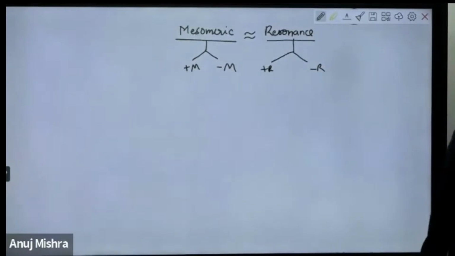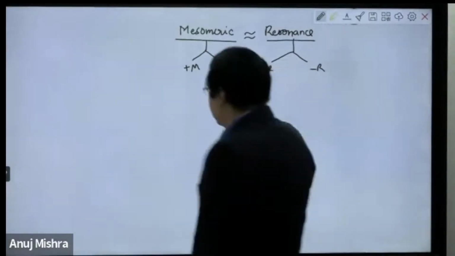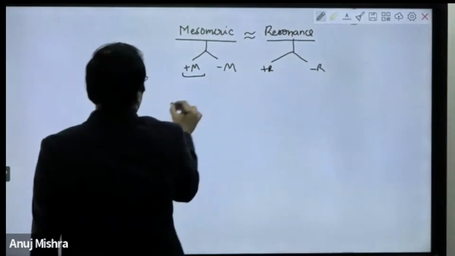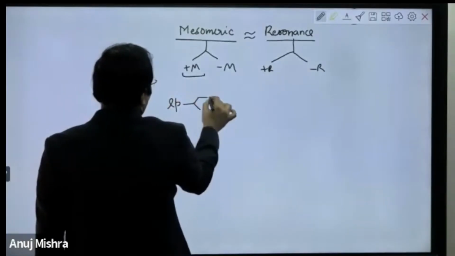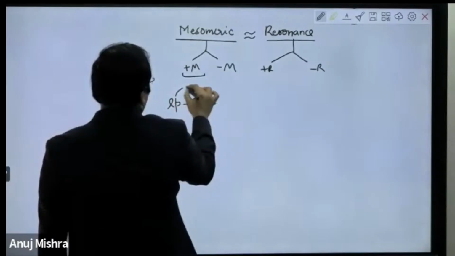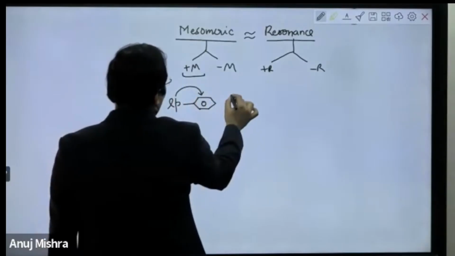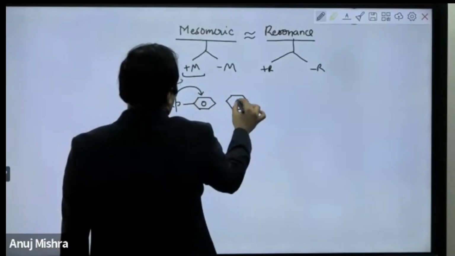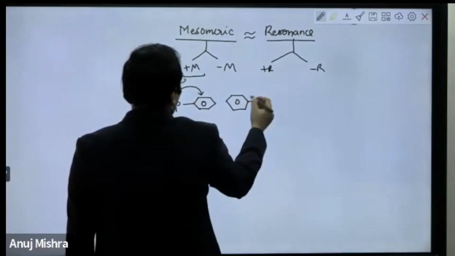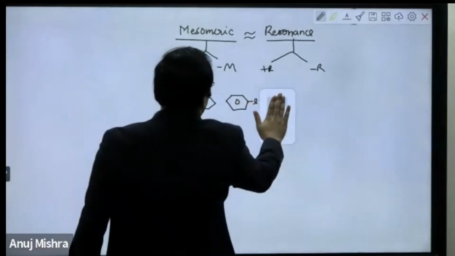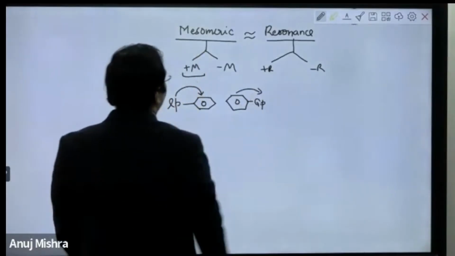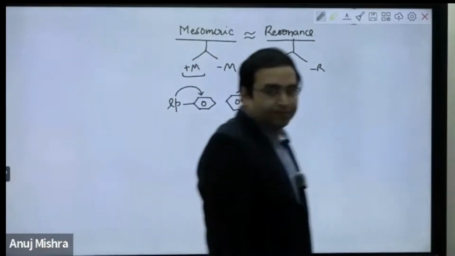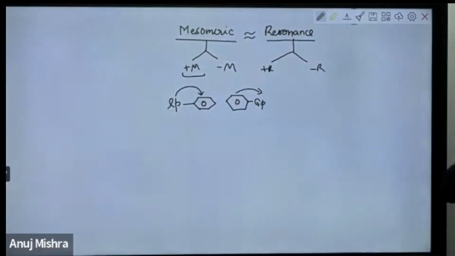What is the meaning of plus and what is the meaning of minus? Plus means if you have lone pairs attached to a ring and it supports the ring, that's plus M. And if you don't have a lone pair, let's say if you have some group which pulls electron away out of the ring, that's minus M. So first case, you are sending it inside.